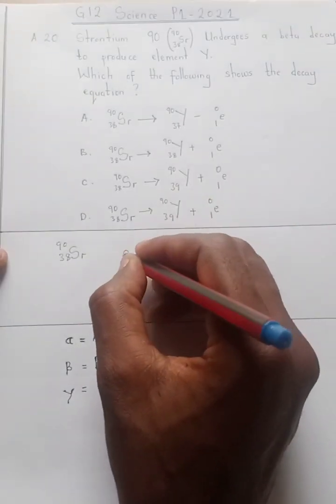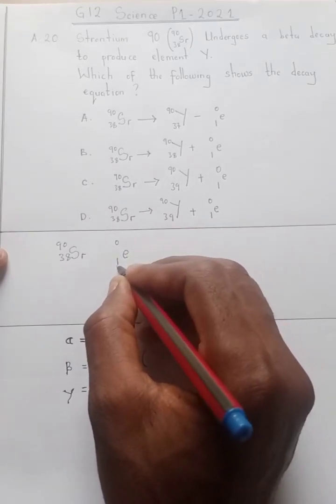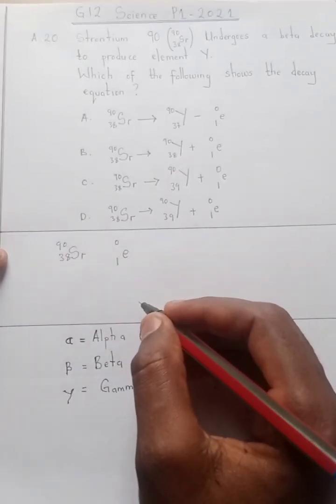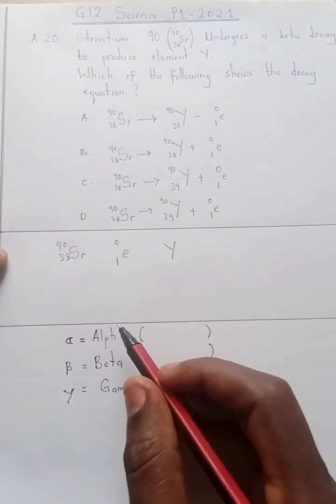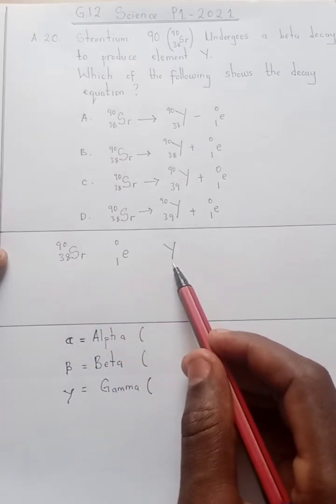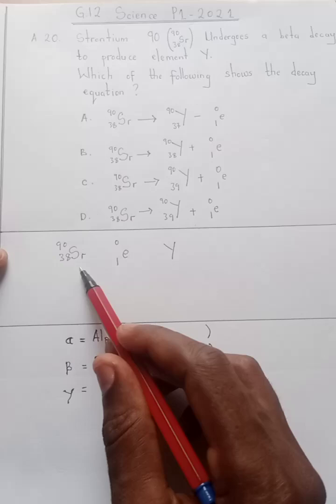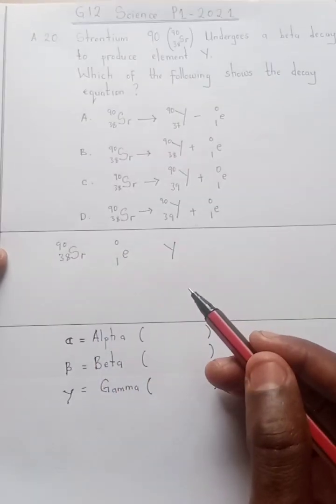The beta particle has this notation, electron, with 1 at the bottom and 0 on top, then Y. So what has happened is strontium has decayed to form a new element Y. In the process of decaying, it has released this particle, the beta particle.